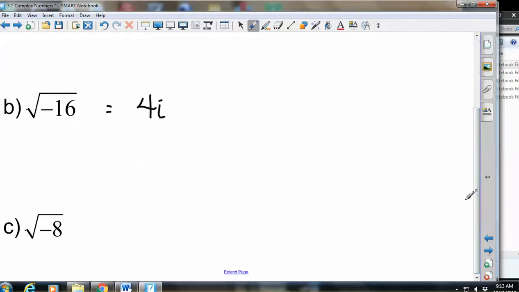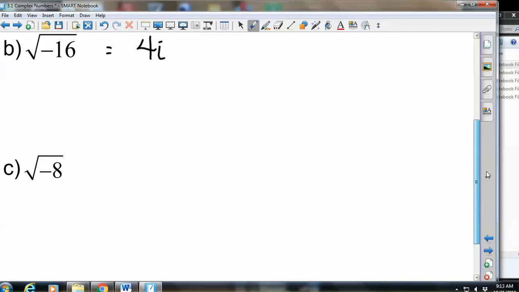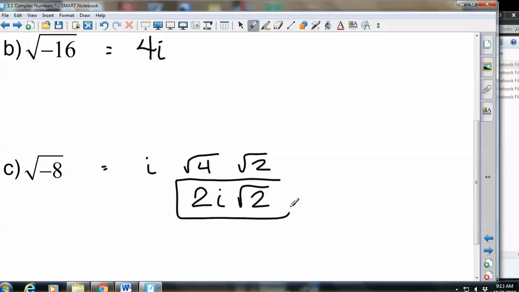Okay, what if I gave you the square root of negative 8? 2i. Right. Because of the negative, you would pull out an i. You can break 8 up into a 4 and a 2. Square root of 4 is 2, so 2i radical 2. You guys remembering all this so far?